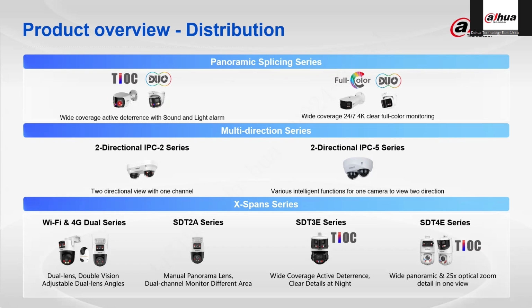And then again, because of the fusion algorithms, you're going to get one image that is clean without any kind of distortion. The same case applies to this. These are going to be used for active deterrence purposes, and these are just for monitoring, whereby you have better monitoring during the day as well as during the night, because these are full color editions.